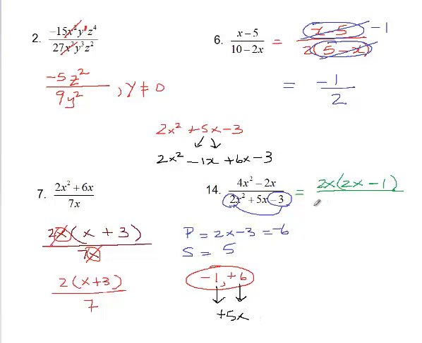Minus 3. Now you have to factor by grouping. What's common in this group and what's common in this group. Now you can see what's common in the first group of 2, this group right here, is of course just x.